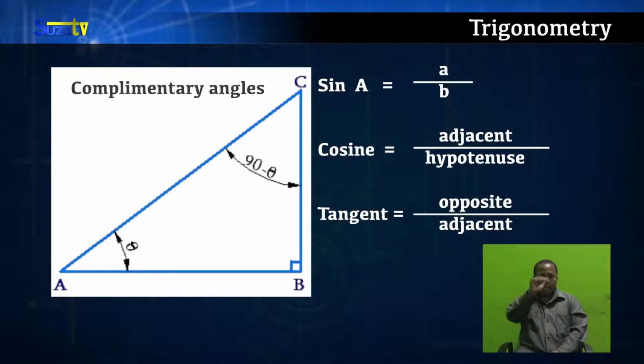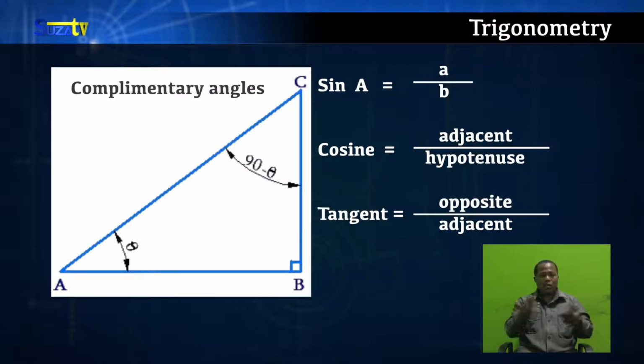Small a is the opposite and b is the hypotenuse of the triangle, as shown there.